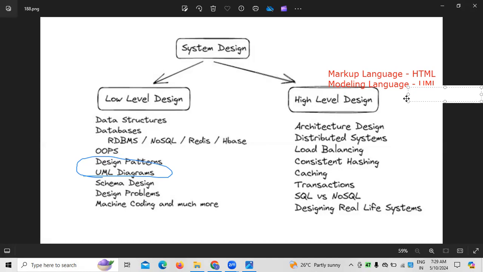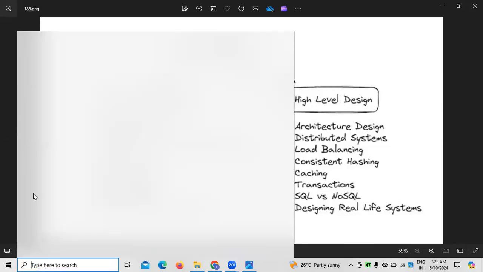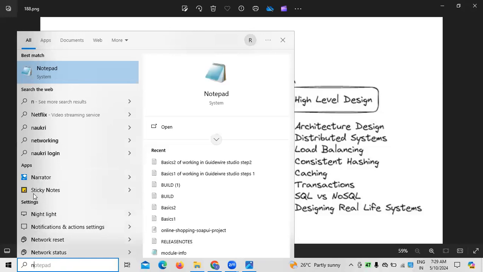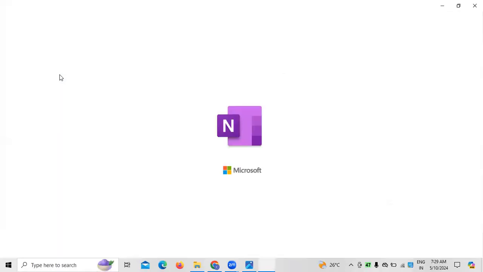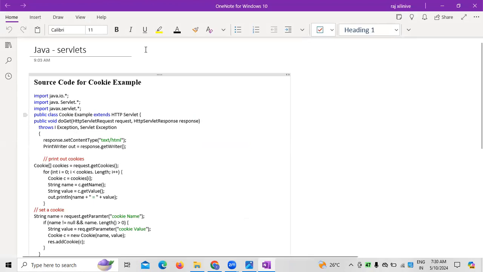For example, you are writing code. Here is a Java code example.